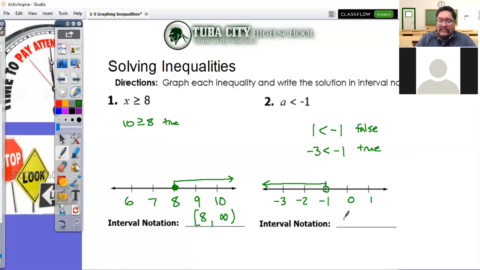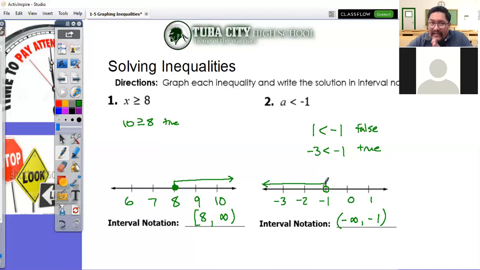So the interval notation for this one, starting from the left and working your way to the right, we have -infinity, which is the lowest number that we can pick. And again, we cannot pick -infinity, so we're going to use a parenthesis. The highest number we can pick is -1. Now in this case, -1 is not included. Now, what if I were to pick something like -1.1?